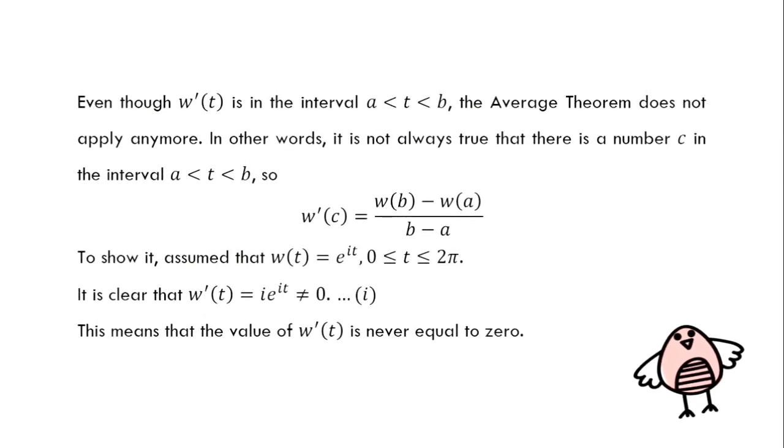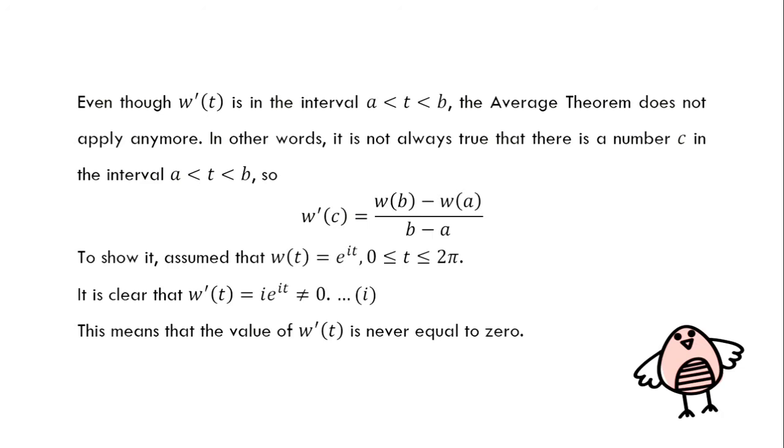Even though w'(t) exists in the interval, the mean value theorem doesn't apply anymore. In other words, it is not always true that there is a number c in the interval a less than c less than b such that w'(c) equals (w(b) minus w(a)) over (b minus a).